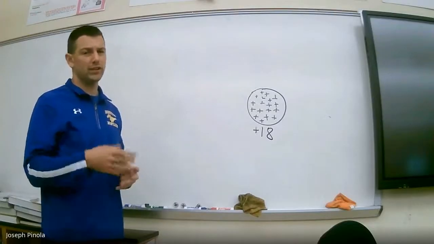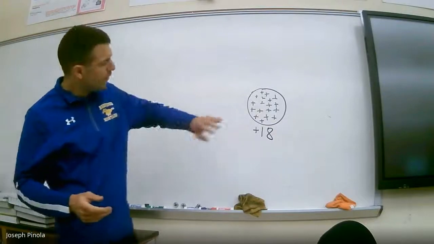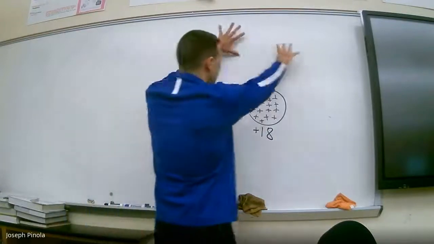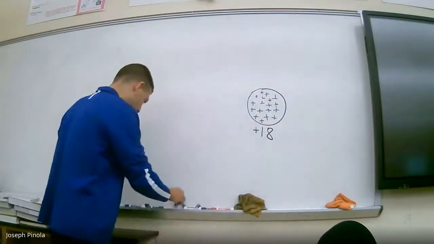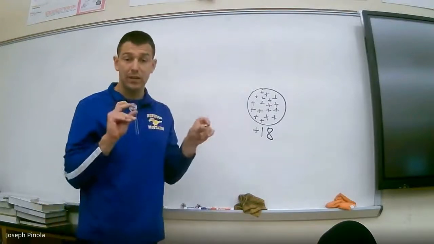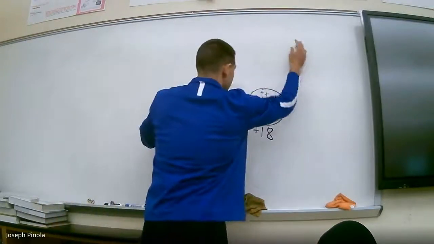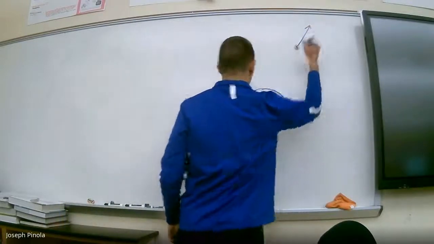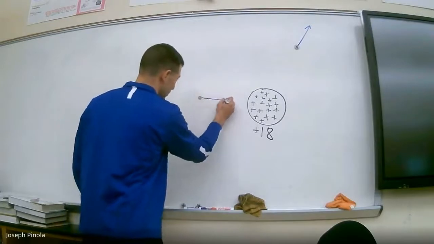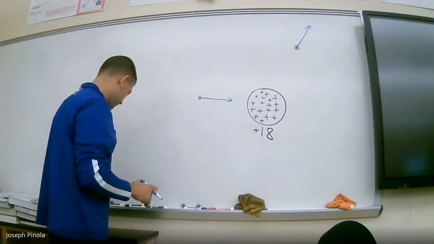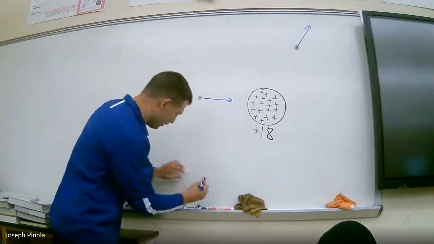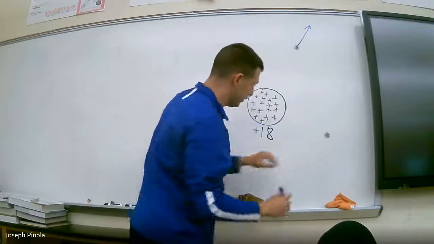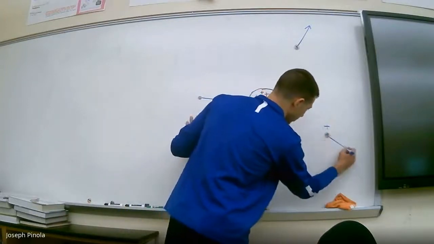So what I hoped you saw in the last couple of sections is that if you have a very large source or boss charge, it creates this area around it that would attract or repel any positive and negative charges that would come in that region of space. All the positive charges would be pushed away, and all the negative charges would be drawn towards it. It doesn't matter where they are. If the charge is negative, it will be brought towards, and if the charge is positive, it will be pushed away.